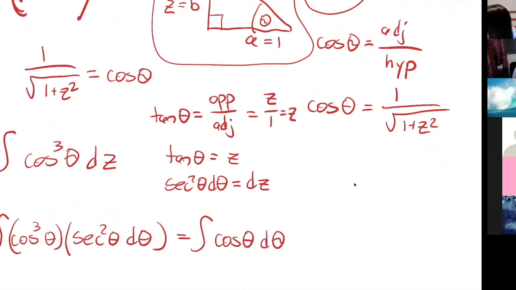And after I replace dz with its equivalent in terms of theta, when I take cosine cubed and multiply by secant squared, we get a bunch of cancellations, and all that's left is 1 power of cosine left. Which gives me sine of theta plus c.